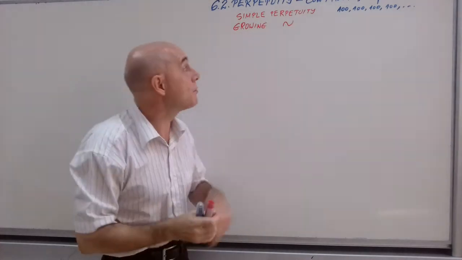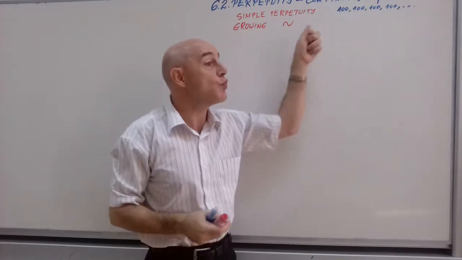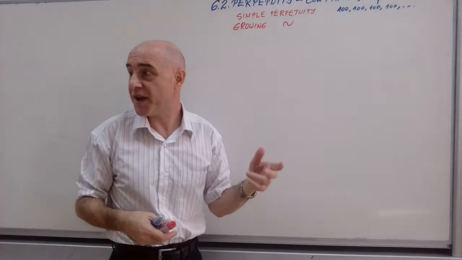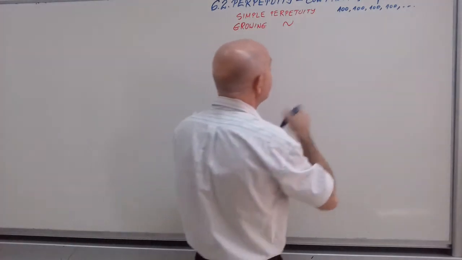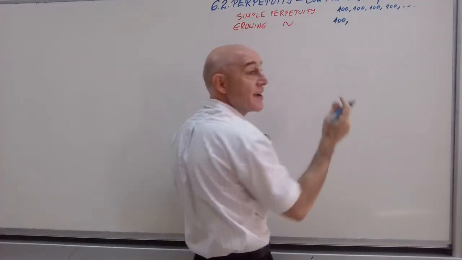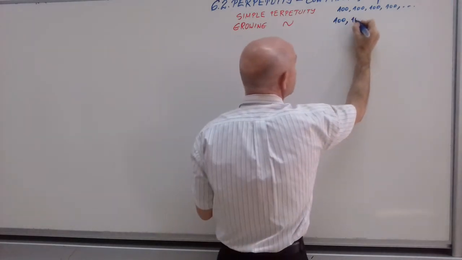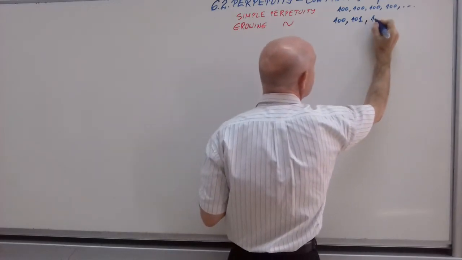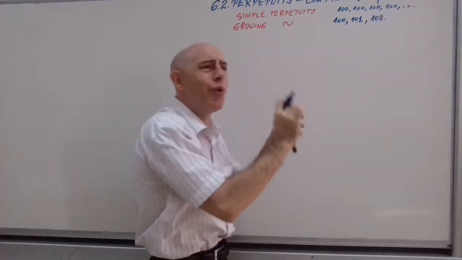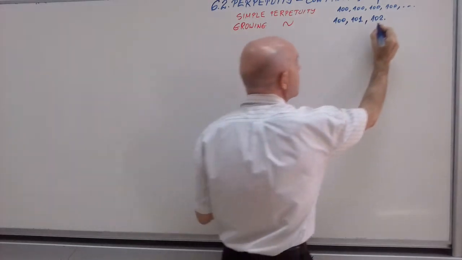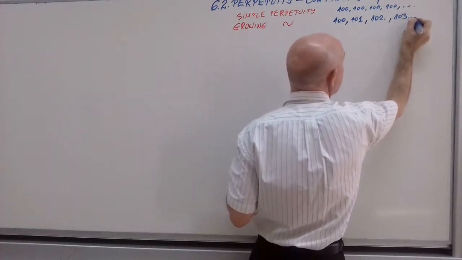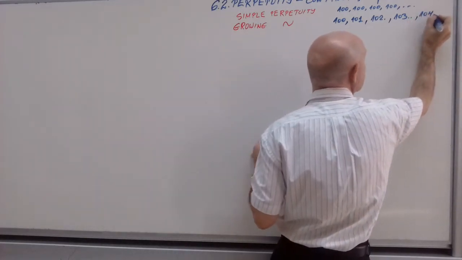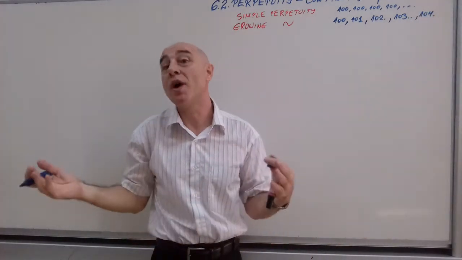And the other one is called growing perpetuity. In a growing perpetuity, payments will grow at a particular rate. For example, 1%. The first payment is like 100. The second payment's going to be 101, that's 1% bigger. The third payment's going to be 102 point little something. The next one's going to be 103 point little something, then 104. So these are growing at roughly 1%.